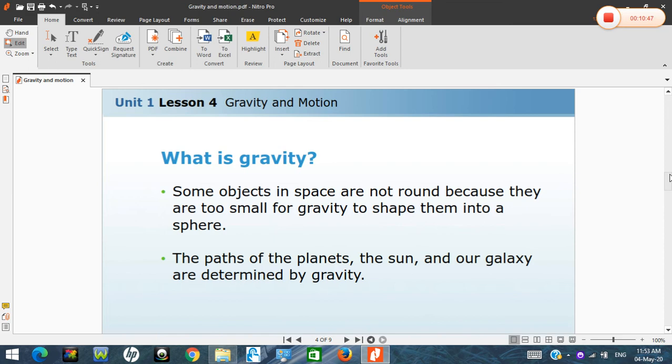And as we put the iron nails very far from the magnet, will the attraction force increase or decrease? You can answer by yourself. Okay? We have two cases. The first one, the iron nails are very far from the magnet.